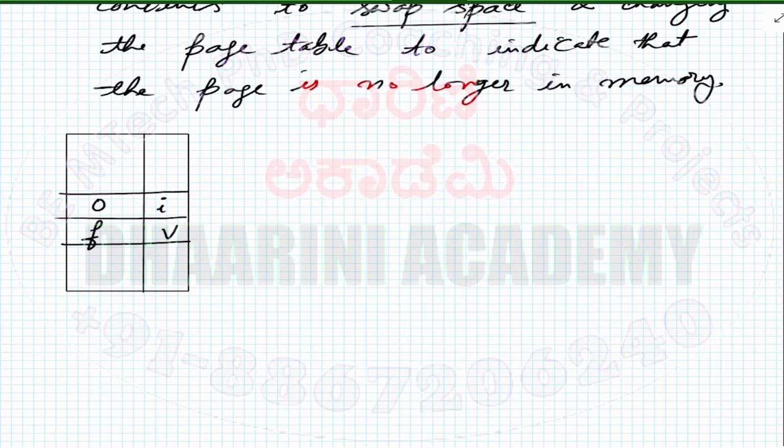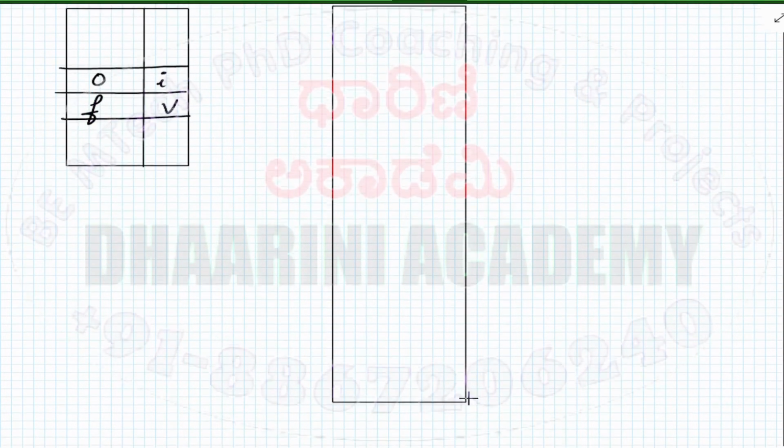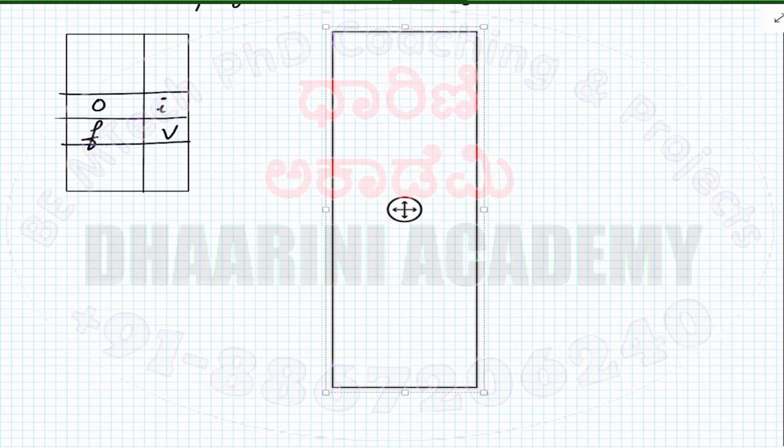Now what exactly is going to happen in the physical memory when we look for a page replacement? Let's write that part now. This is the physical memory, and it says that F is valid.